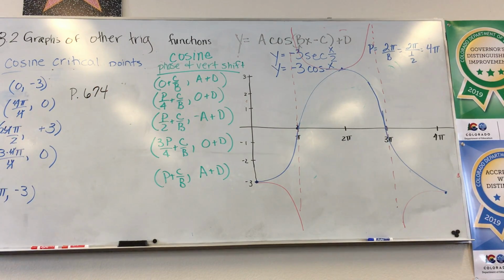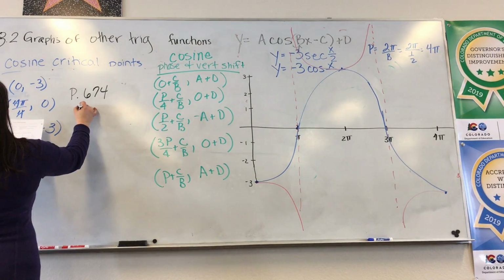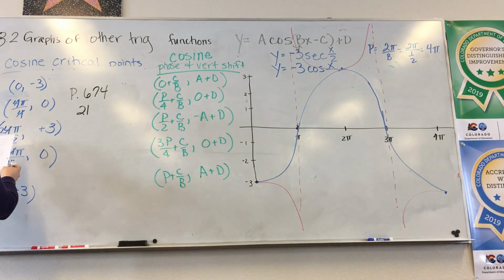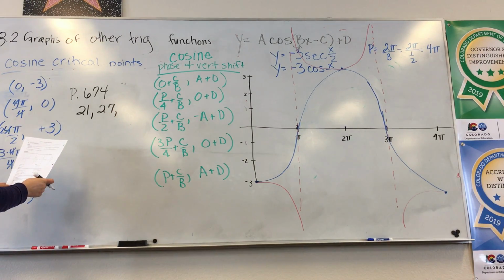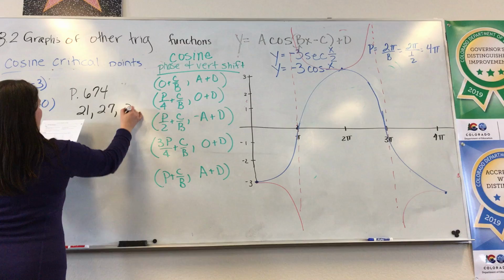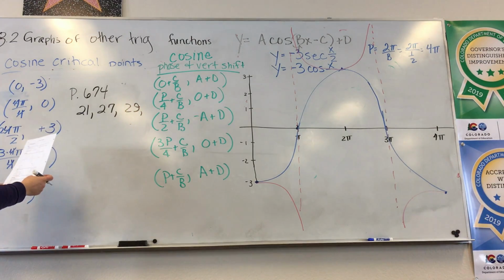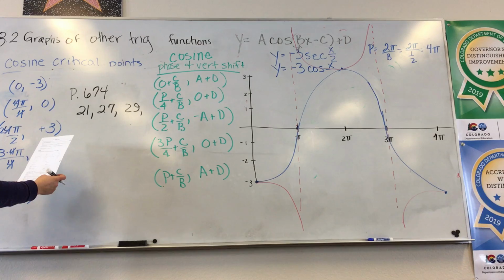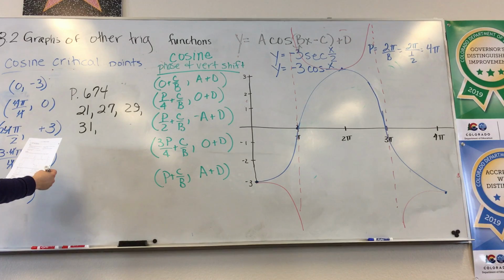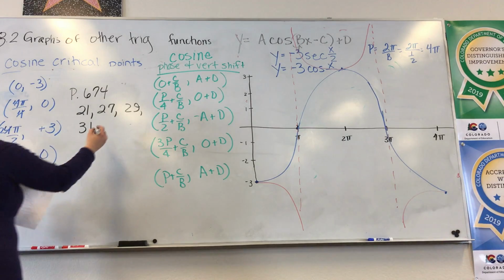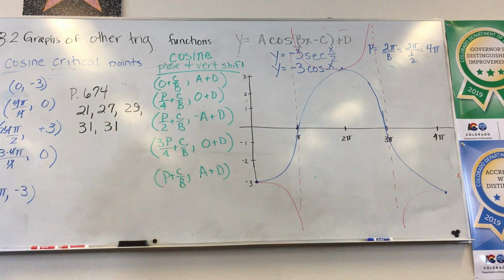Let's do 21, 27, 29, 31, and how about 33 for a little challenge? So it's really 21 and then 27 through 31 odd.